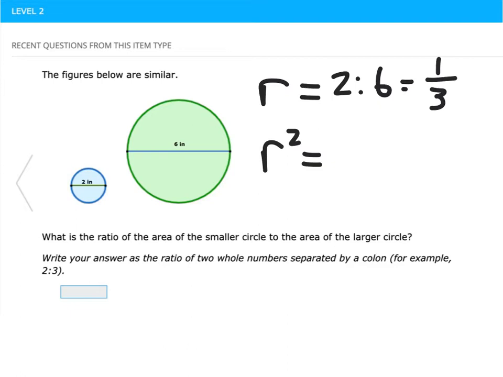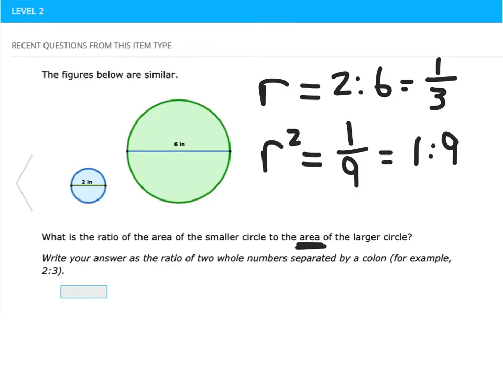Now, in the question, though, we're interested in our answer being about areas. So we need to find r squared to see how the areas are related. Well, r squared is just going to be 1/3 times 1/3, which is 1/9. So they're related in terms of a ratio of 1 to 9.